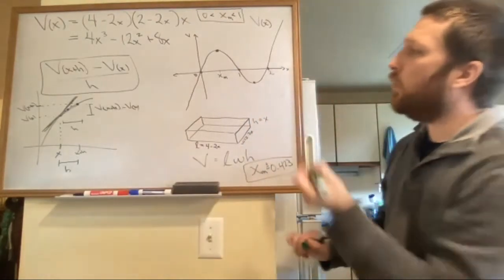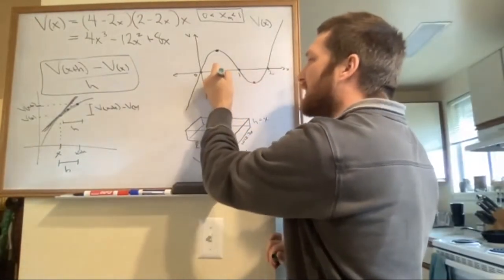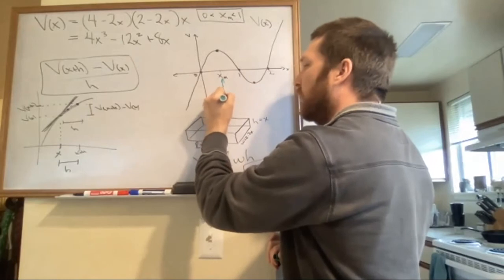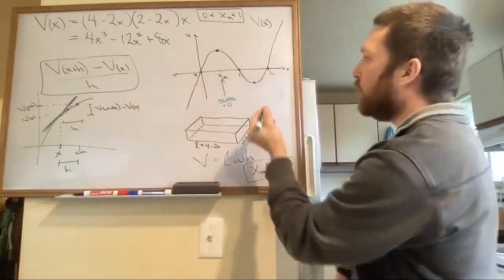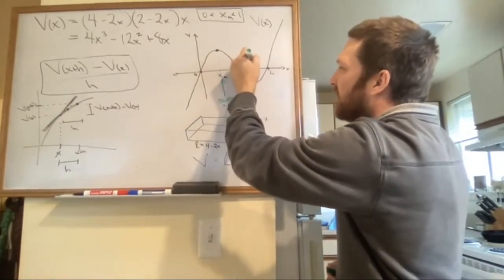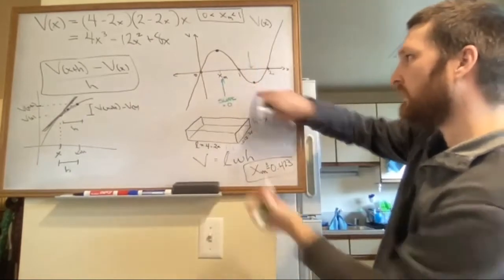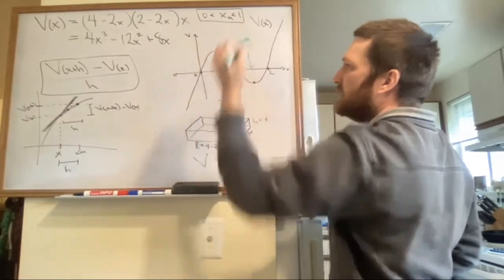We know that here at this point right here, the slope is equal to 0. We know here at this point, whatever that is, the slope is equal to 0.